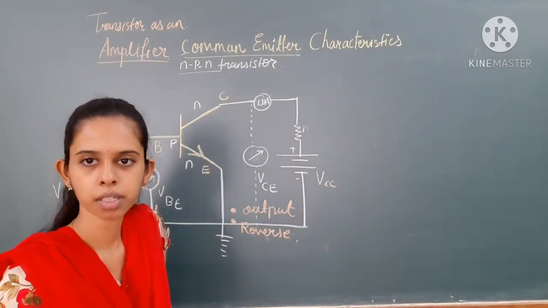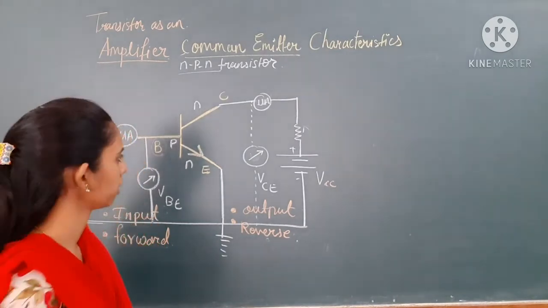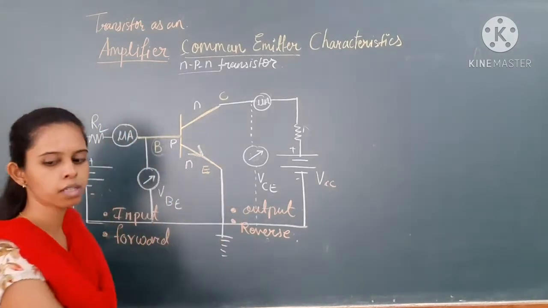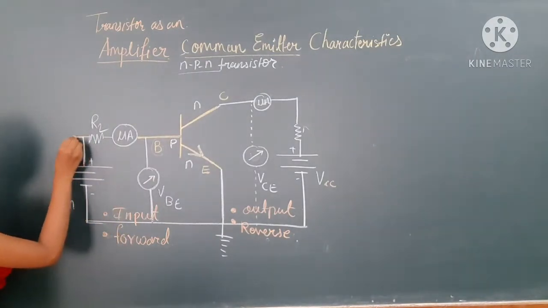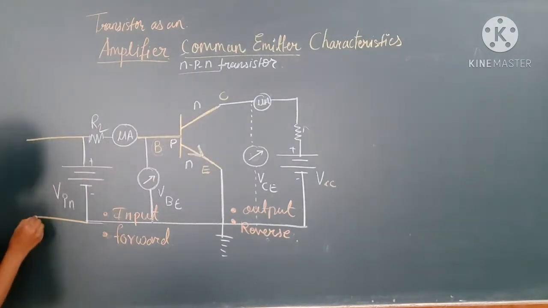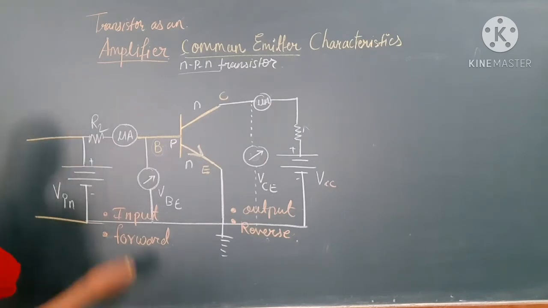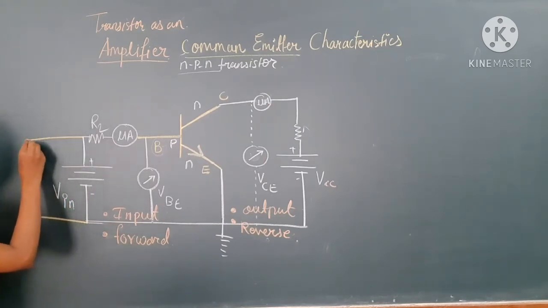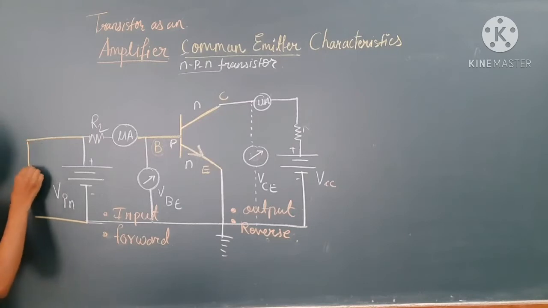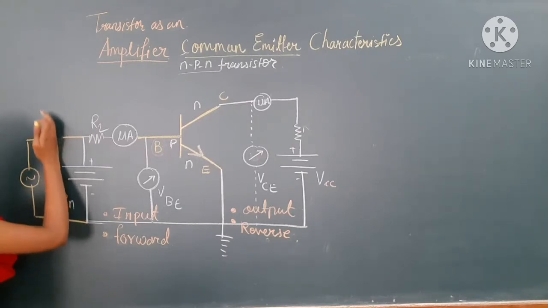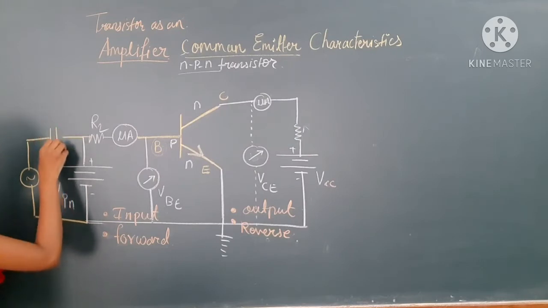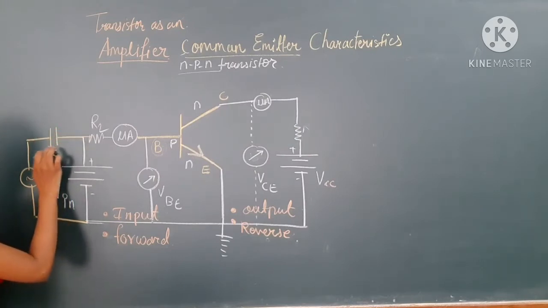In this diagram, this part is the input and this part is the output. So here you can attach a microphone, and again I have to attach a capacitor over here.